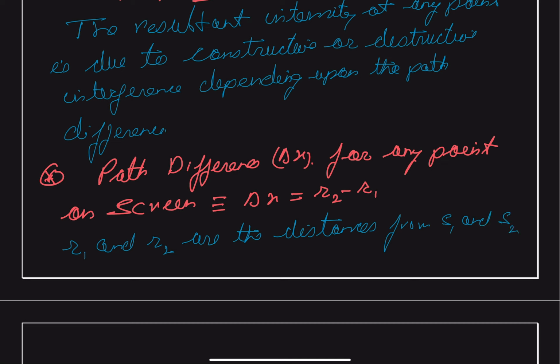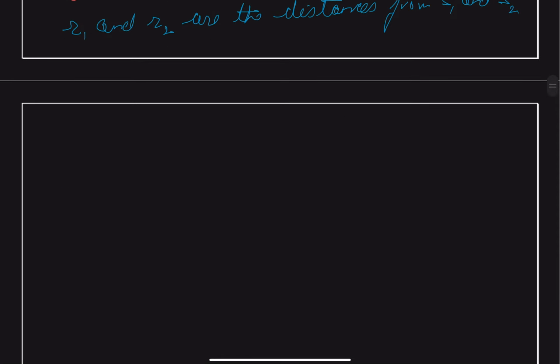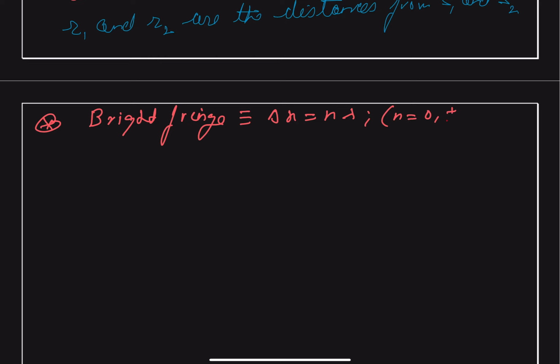And for a bright fringe, we know that delta of x should be equal to n times lambda, where n is 0, plus minus 1, plus minus 2, and so on.